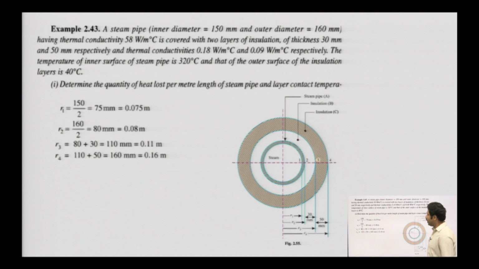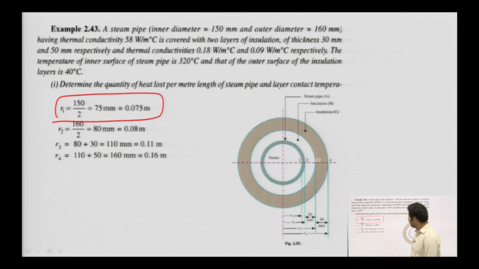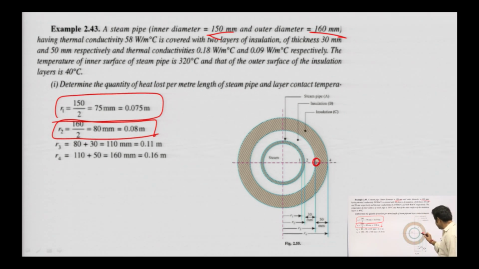So what's given? The diameters are given, so definitely you need to find the radii, from the inner diameter and the outer diameter. Now R3 is this one. R3 will be 80 plus 30. Why 30?